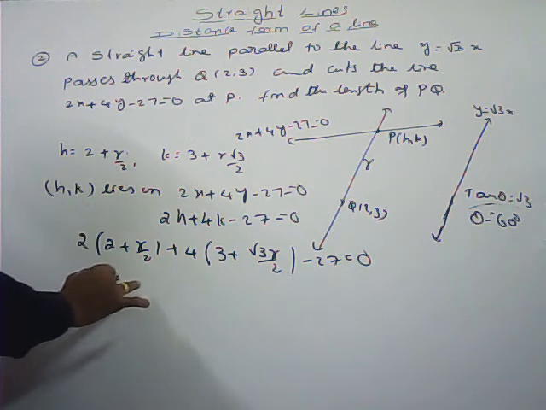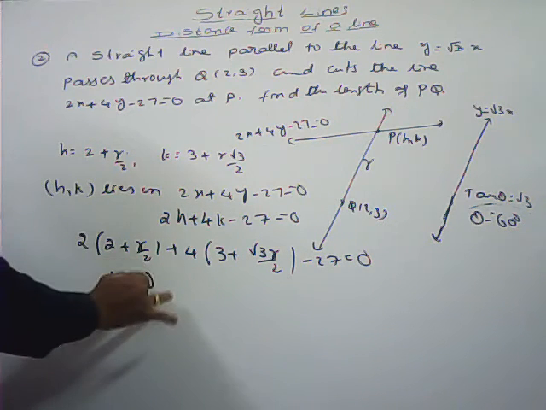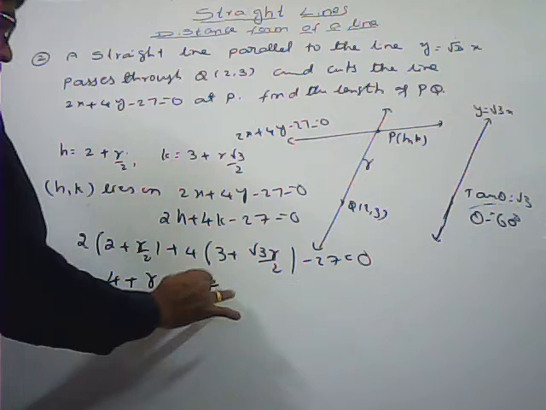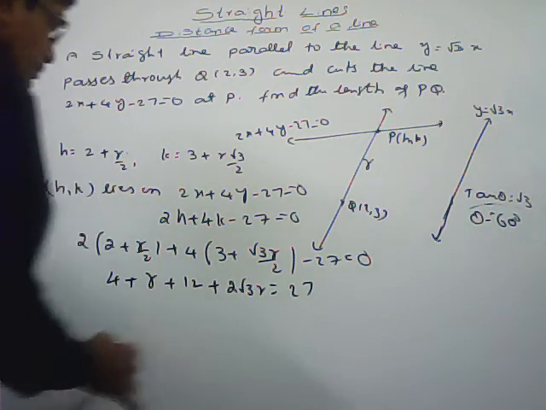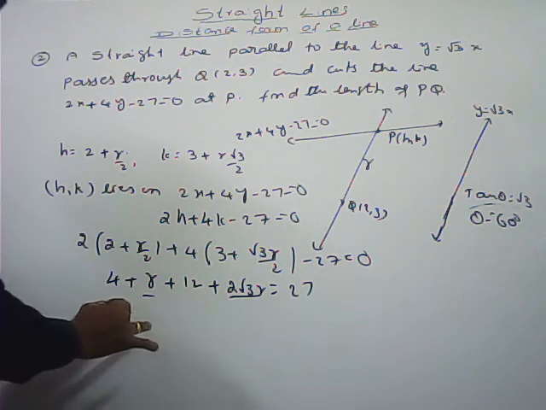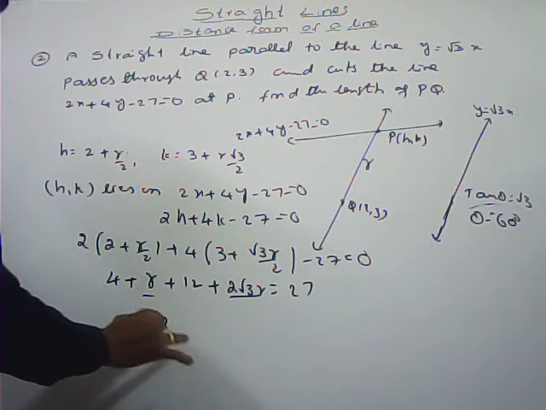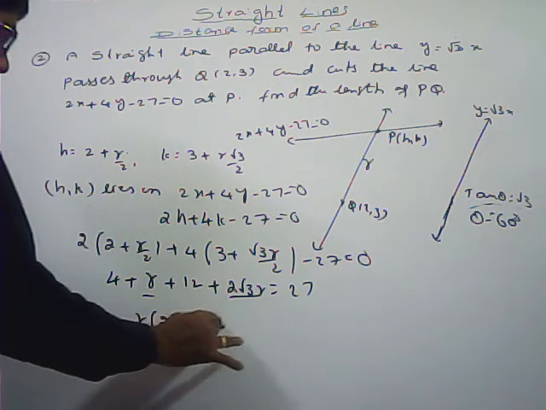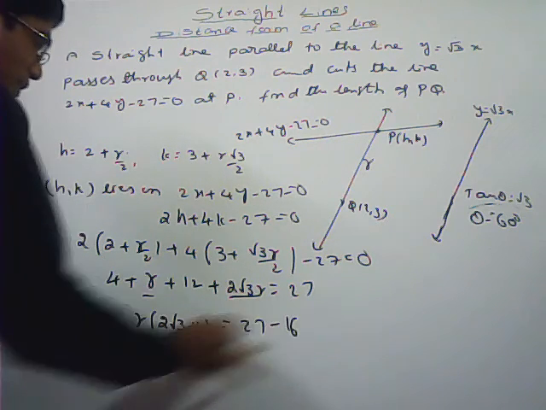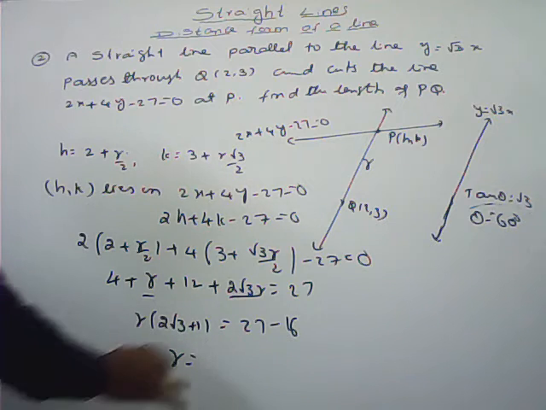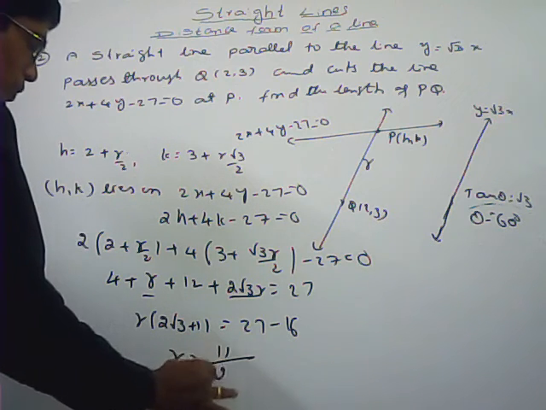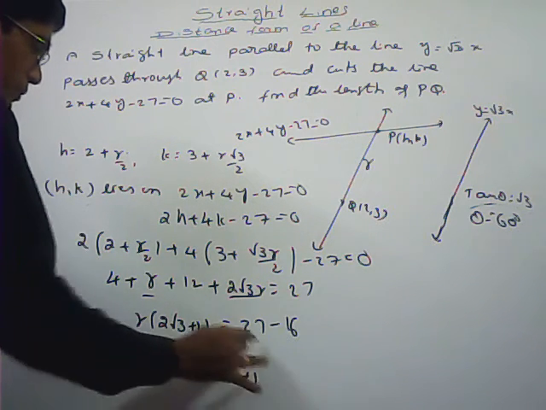2 twos are 4, plus 2 gets cancelled, r, plus 12 plus 2 root 3 r equals 27. From these, if I take r as common, r times (2 root 3 plus 1) equals 27 minus 16. So r is equal to 11 by (2 root 3 plus 1).